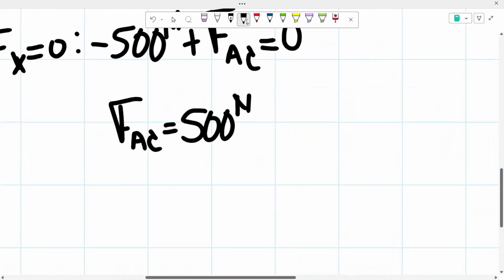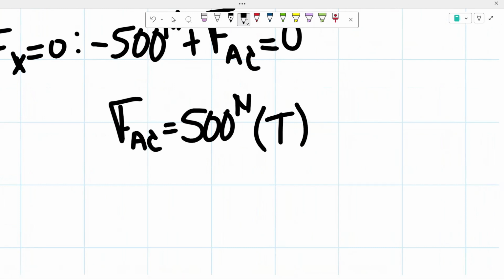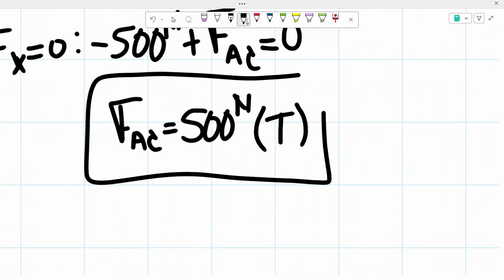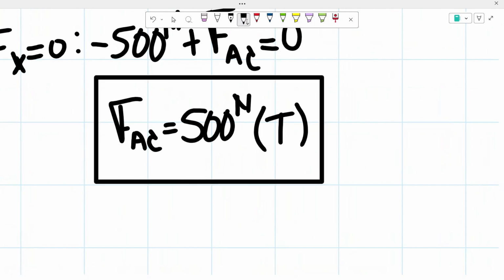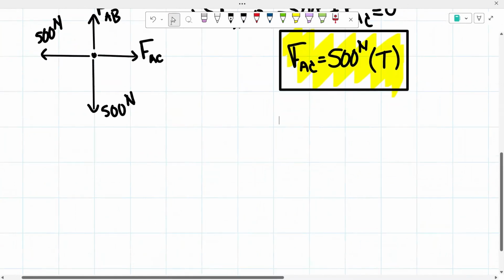So we have 500 newtons in tension. You're just going to put that T right next to it. If it would have come out negative, you would have put a C, or indicated that that one's going to be in compression. So this is one of the forces of the members of the truss.